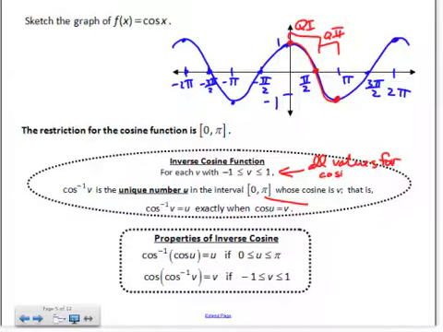Whether it be tangent, cosine, sine, cosecant, cotangent, or secant, they're always going to have the 0 to pi over 2 interval included in their domain. And so that section is always going to be part of our answer.